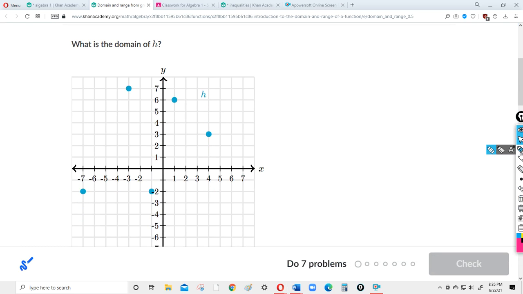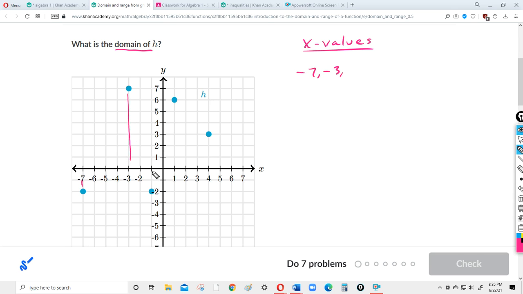All right, one more. So we're looking for the domain of H. Okay, so domain deals with the x values. All right, so we'll start on the left. We have -7. And going to the right, the next one over is -3.